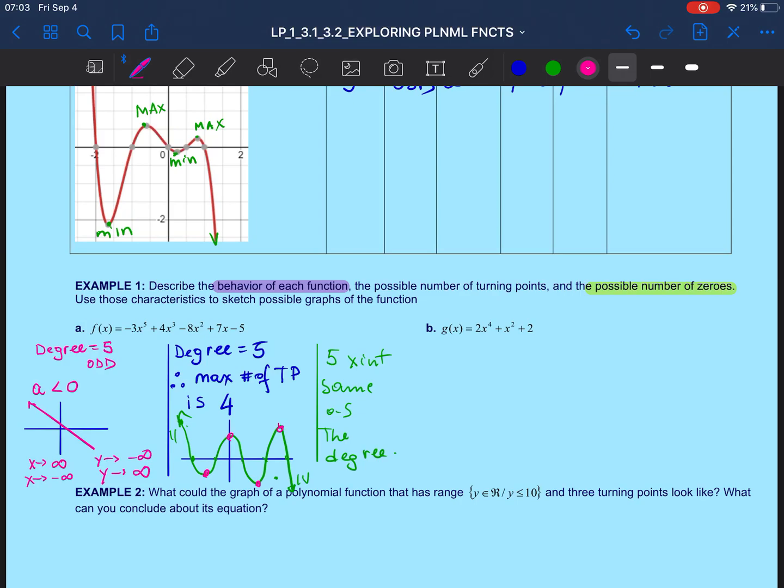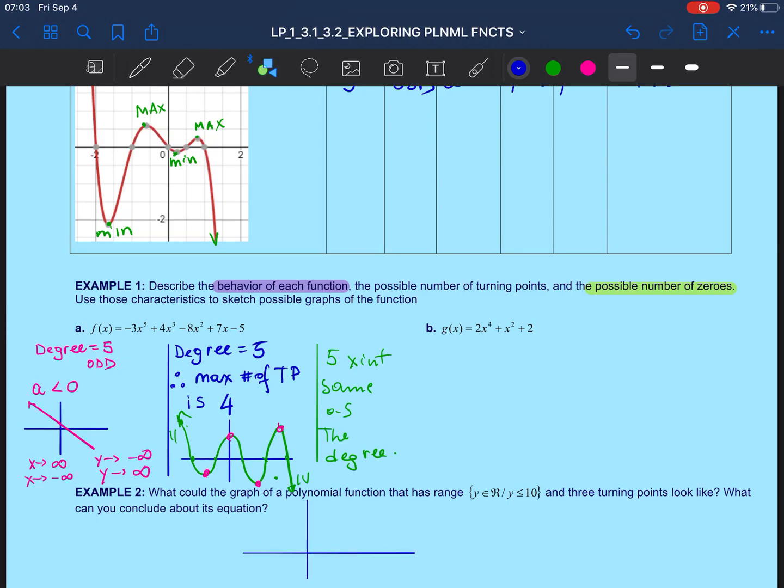Now, in the next example, we're asked what the graph of a polynomial function with a range y less than or equal to 10 and 3 turning points could look like, and what you can conclude about the equation.